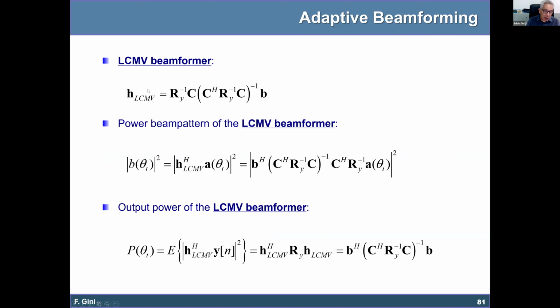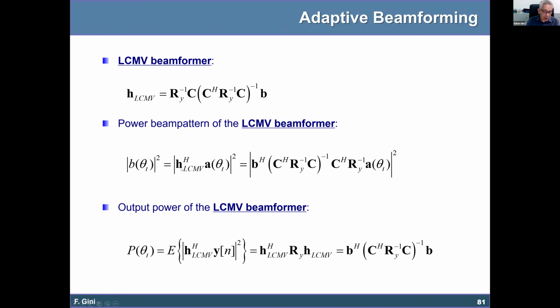Clearly, the beamformer that you obtain by solving the constrained optimization problem by using the Lagrange multiplier is the clairvoyant beamformer, so the one that knows a priori the covariance matrix of the data. Then once you have your clairvoyant beamformer, you can derive the power beam pattern, which is defined in the usual way.